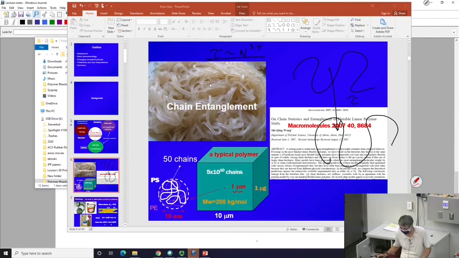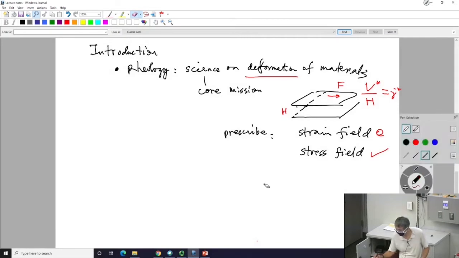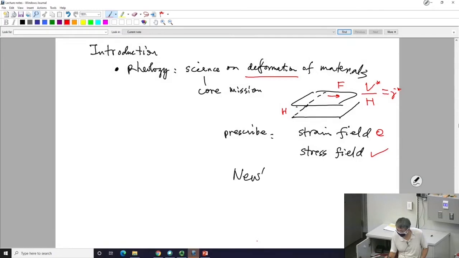What is viscosity, right? It's basically according to what Newton worked out.